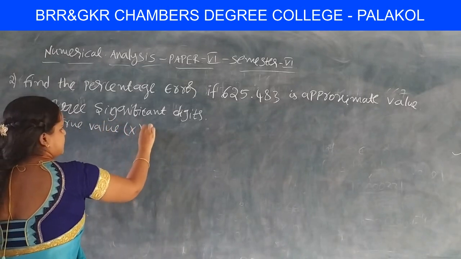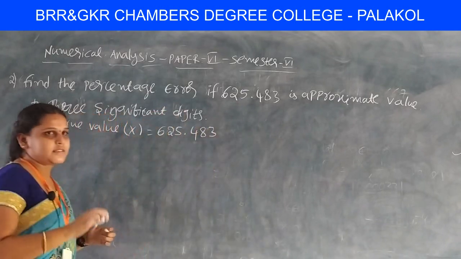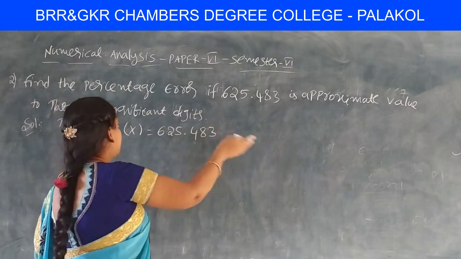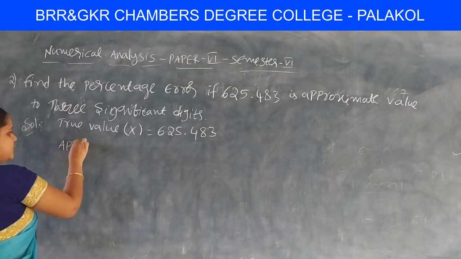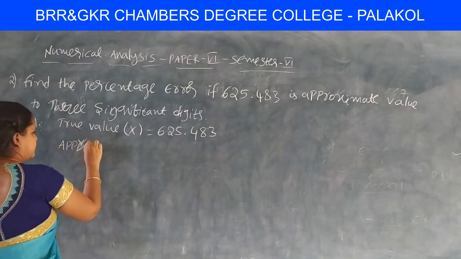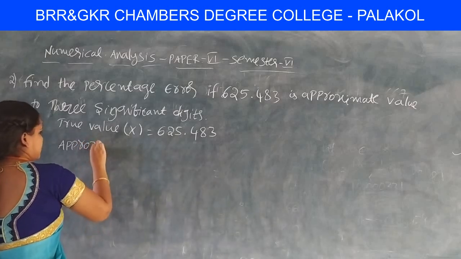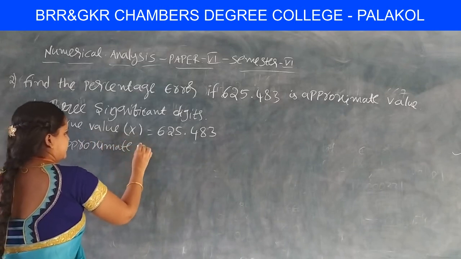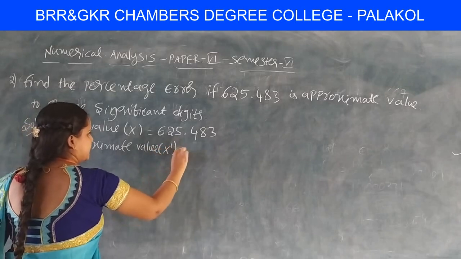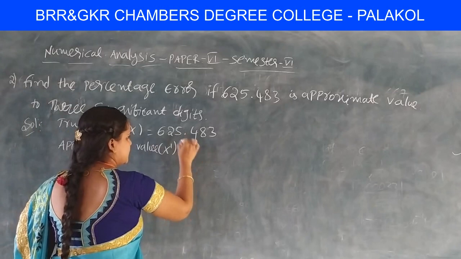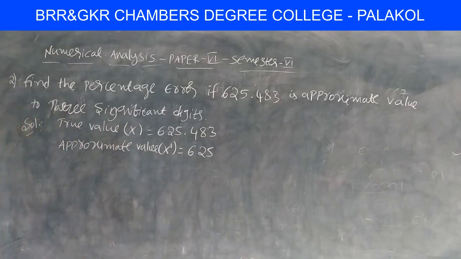The solution: the true value capital X is equal to 625.483, which is approximated to 3 significant digits. So the approximate value x dash is 625.